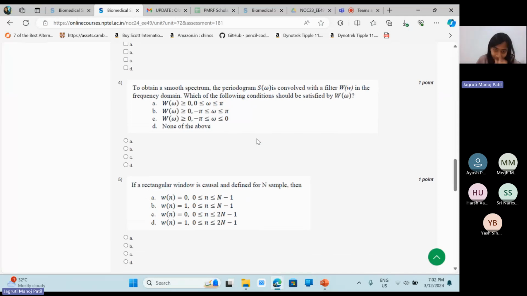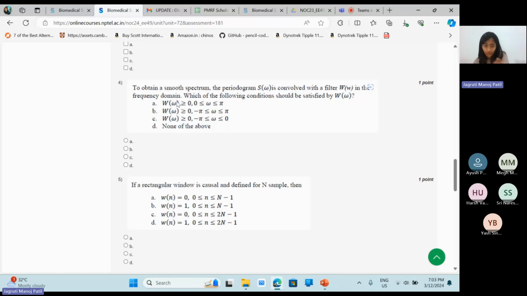This one, right? To obtain a smooth spectrum, what do you guys think? The periodogram S of omega, when it's convolved with this weighted filter in the frequency domain, which conditions should be satisfied by this filter? It should be positive.